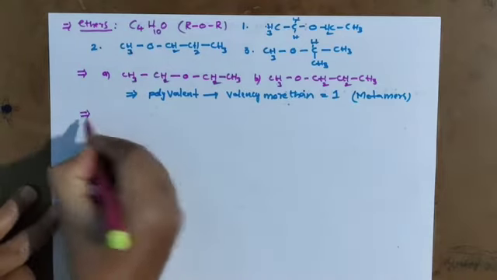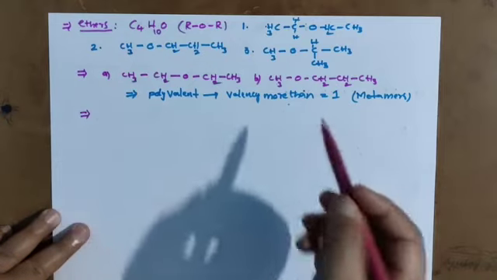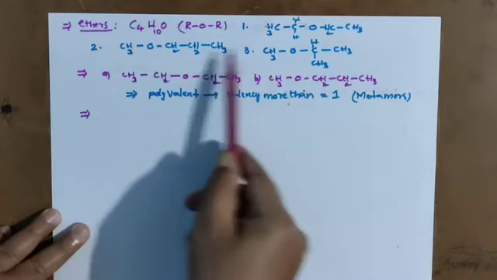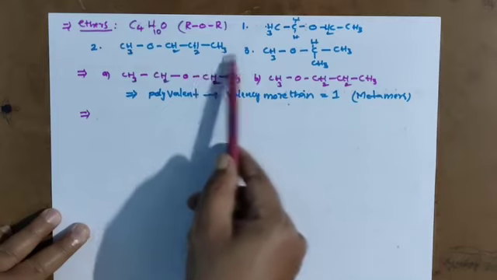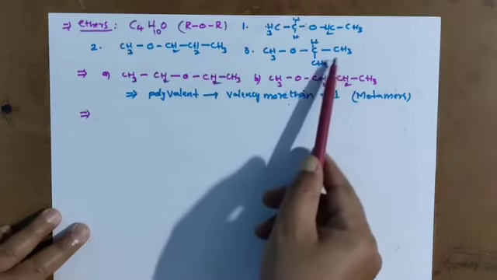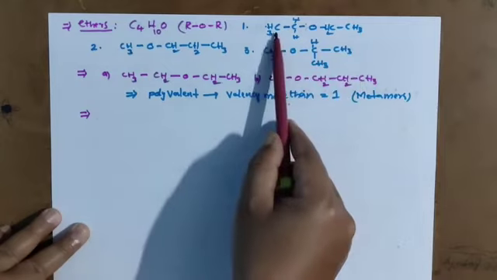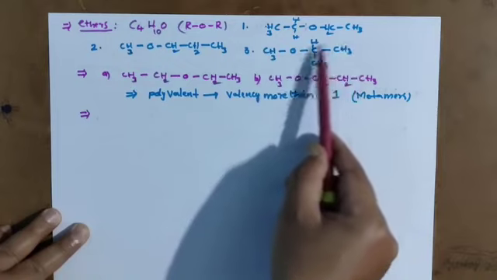Go for another one. Compare these two. Here is a propyl group, here this is not a propyl group. Or compare these two: here ethyl, here ethyl, and here methyl, and this is iso.